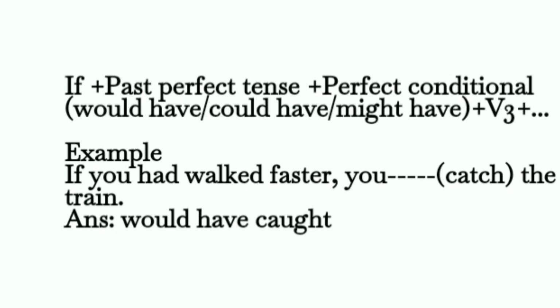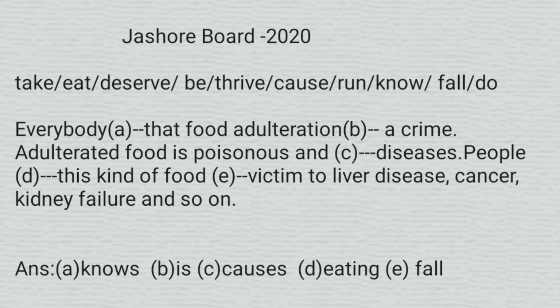Now, we will practice board questions. At first, we will solve the question of Jessore Board 2020. Some verbs are given above and you have to read the passage once again.